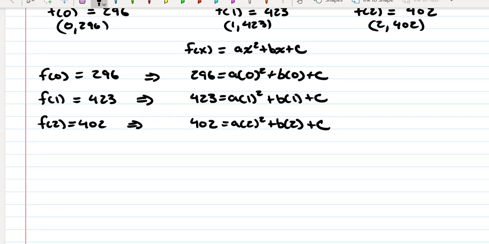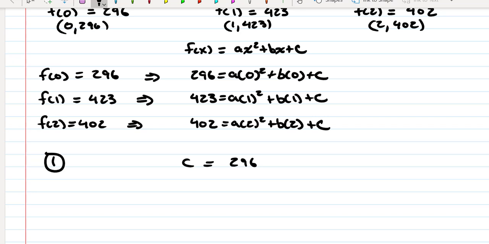So 0 squared is 0, and anything times 0 is 0. So my first equation is going to be, well, 0 times anything is 0, 0 times b is 0. So I'm going to get c is equal to 296.